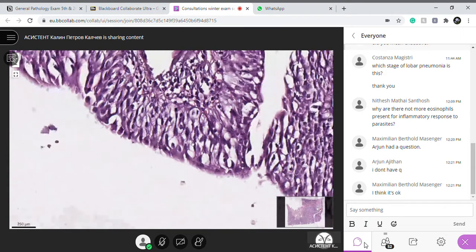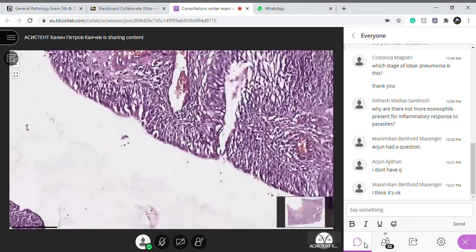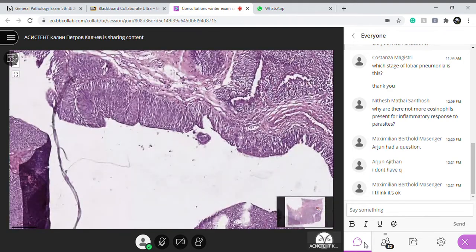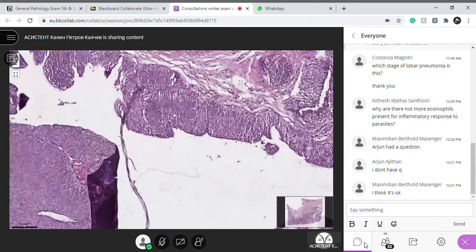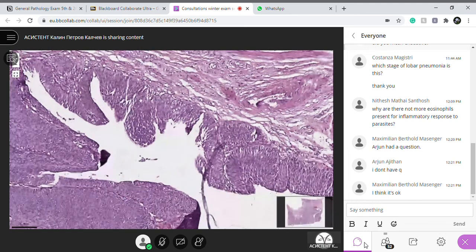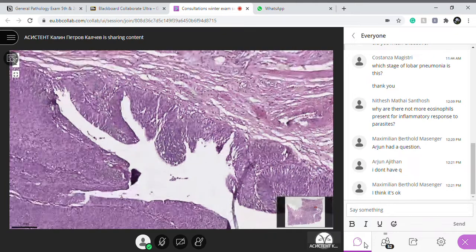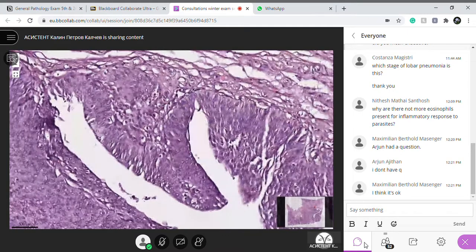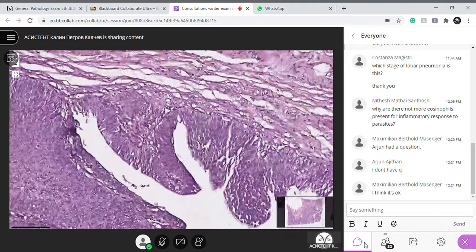Once you recognize the urothelium, you go alongside this urothelium, and you will see that in some areas the urothelium becomes thicker, and it becomes so thick that it starts to make these papilla-like protrusions to the top. The definition of papilla is a finger-like protrusion which has a fibrovascular core, and here you can see these fibrovascular cores.